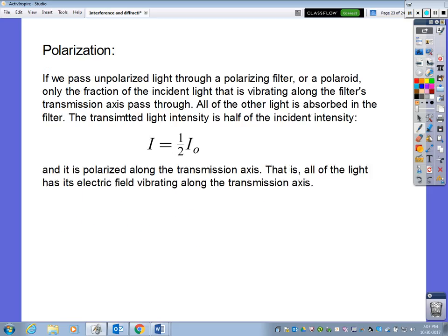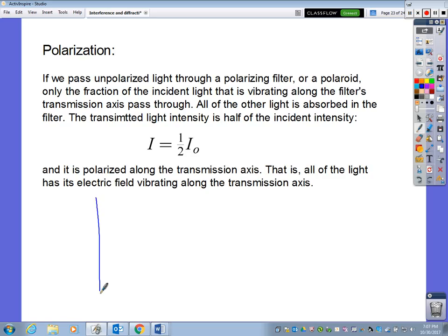There are polarizing filters. For example, a lot of sunglasses cut out the horizontally polarized light because that cuts out a lot of the glare that we see. It's a filter, a surface with long polymer molecules, I believe, that are lined up parallel to each other, sort of like a picket fence.